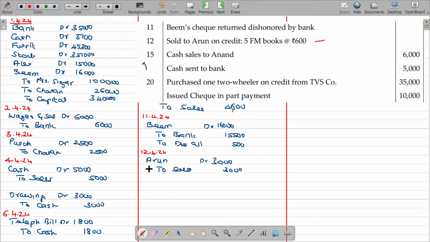On 15th April 24, cash sales to Anand. Cash sales, then you will get the collection directly. So cash account debit to sales, cash sales to Anand rupees 6,000.